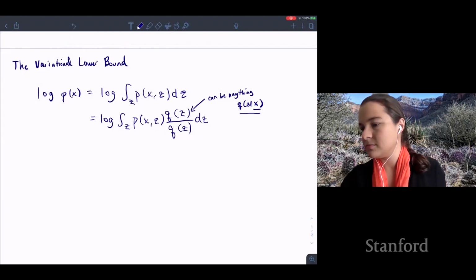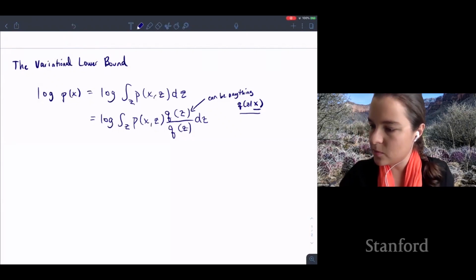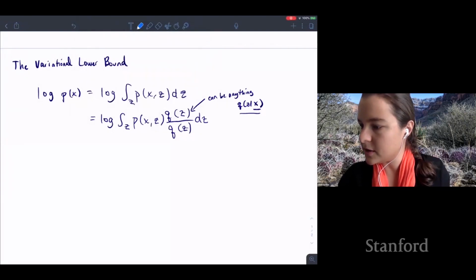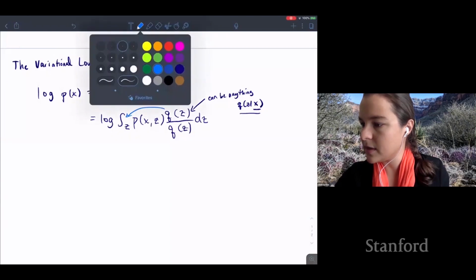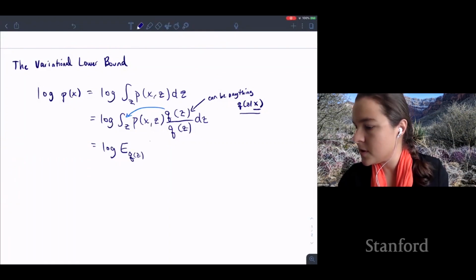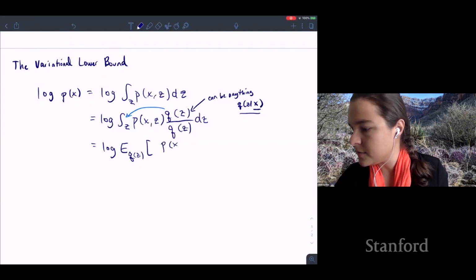Okay, so this is still an equality so far. And what you can do is move this Q over here, and that gives you an expectation. So this equals the log of the expectation under Q of P of X comma Z divided by Q of Z dz.